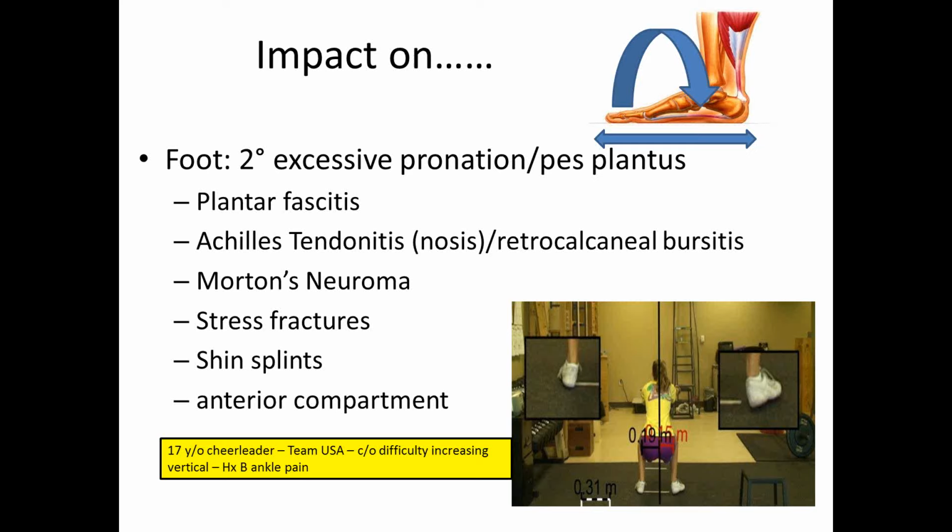As you can see with her during her squatting motion, she drops into a pronated position with acceleration from a low point up to a high point, from that transition point during her squatting motion. For her, this resulted in not only chronic shin splints, but also, for her as a flyer, an inability to increase her vertical.